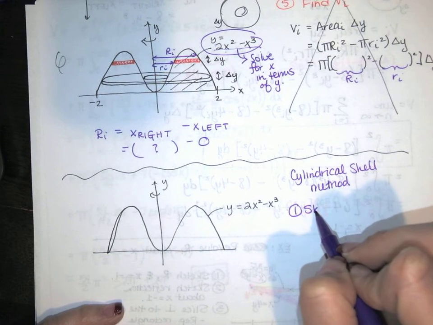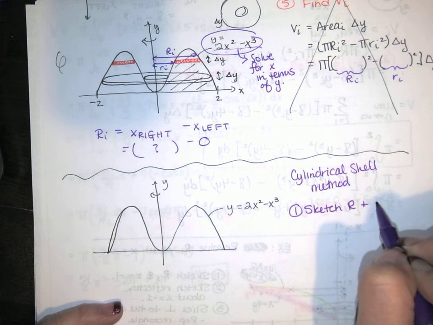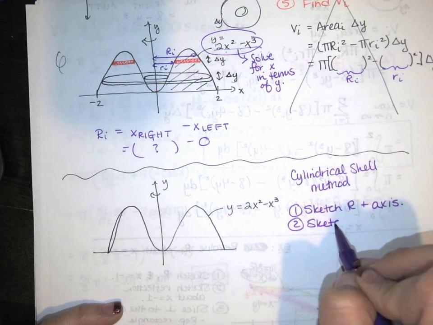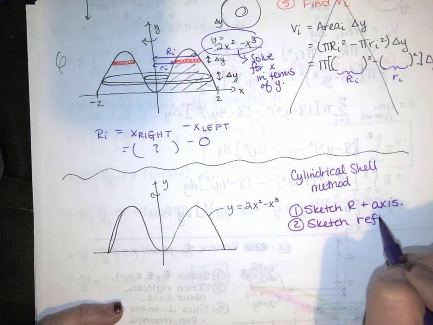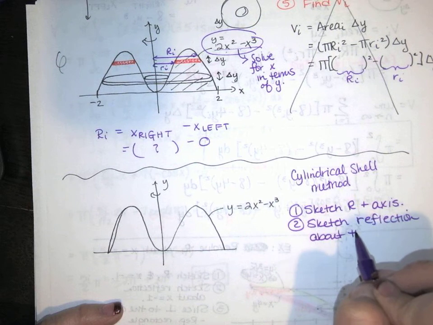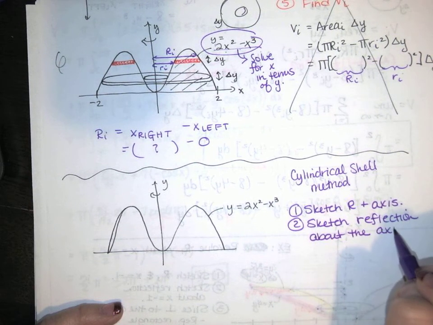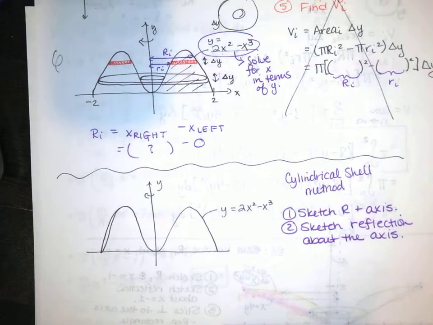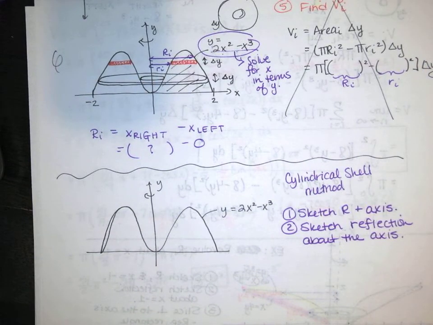So you've sketched a region and your axis. You sketch the reflection of the region about the axis. And then once you've done that, instead of slicing perpendicular to that axis like we did with the disc and washer method, we're going to slice parallel to the axis.